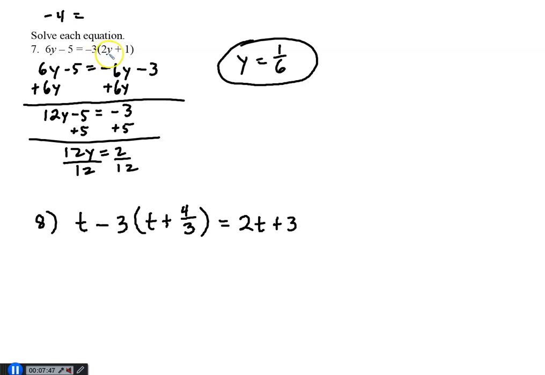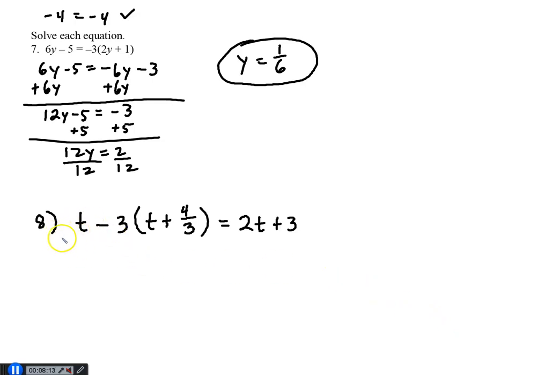So 2 times 1/6 is 2/6. That's 1/3. Okay, so -3 times 1/3 is -1. And then -3 times 1 is -3. -1 plus -3 is -4. So that checks out.